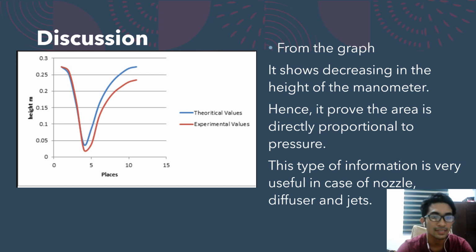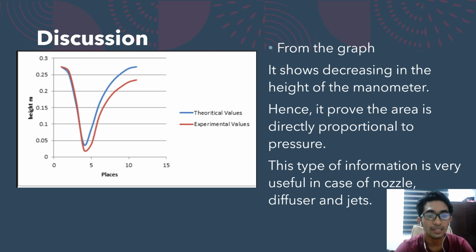Okay, here is the discussion. After we plot all the data obtained from the experiment, it shows there is a decrease in the height of the manometer when there is a decrease in the area. It shows that the area is directly proportional to the pressure.